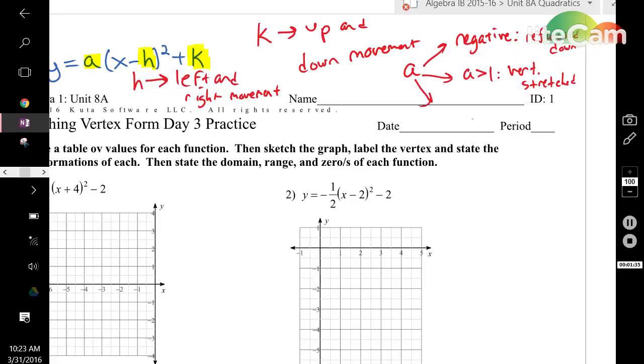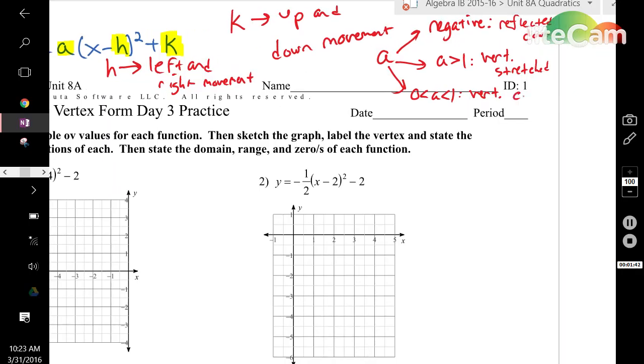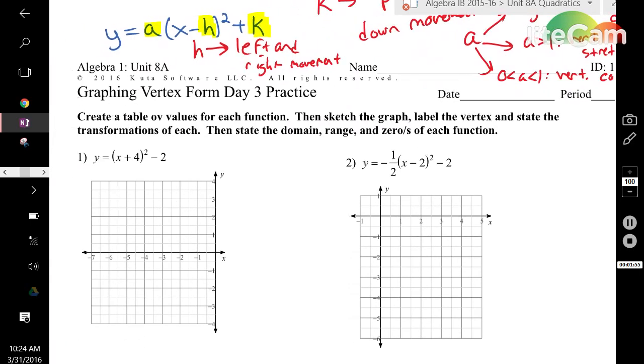And if a is in between 0 and 1, we call that vertical compression, or shrinking, either one. It kind of squashes it downwards. It makes it a wider parabola. So when you're looking at the vertex form of a quadratic function, think about these three letters and how they're going to change the graph.